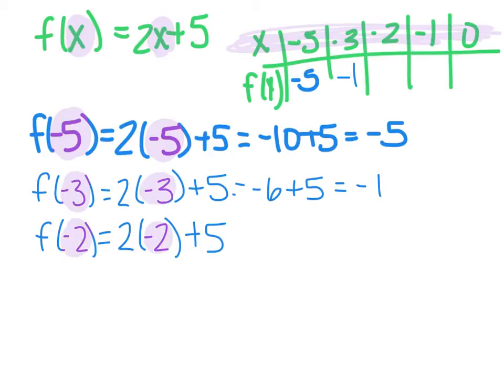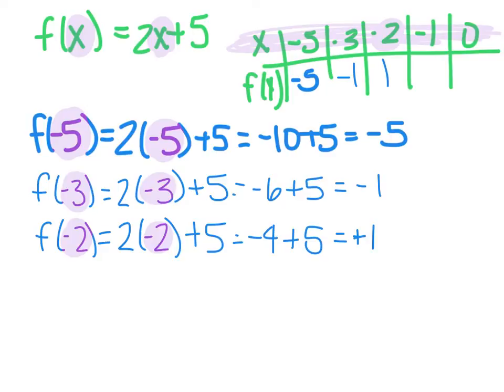I'm taking x out and putting in the number that they gave me up here for x. So if I continue this one, 2 times negative 2 is negative 4. And negative 4 plus 5 is negative 1. I'm sorry, it's positive 1. So in our table, we're going to put 1.